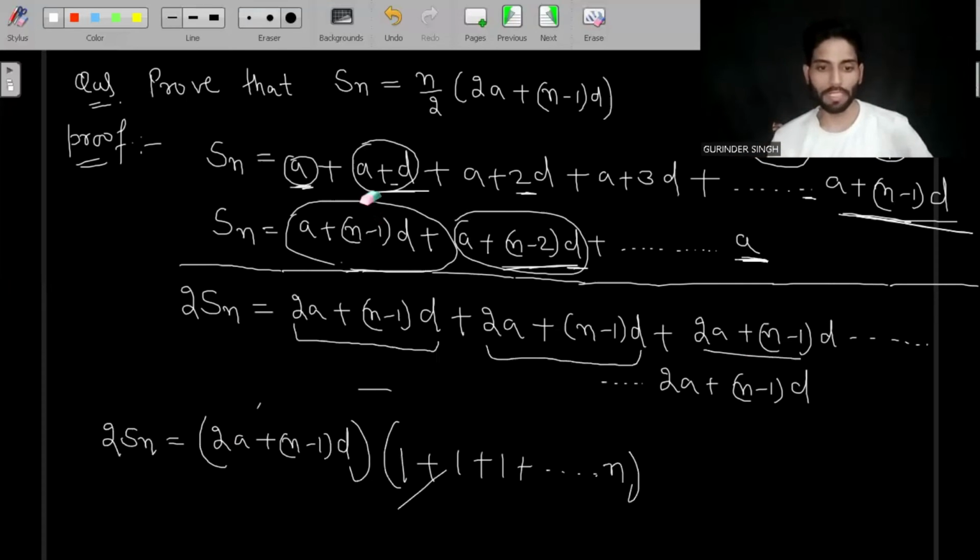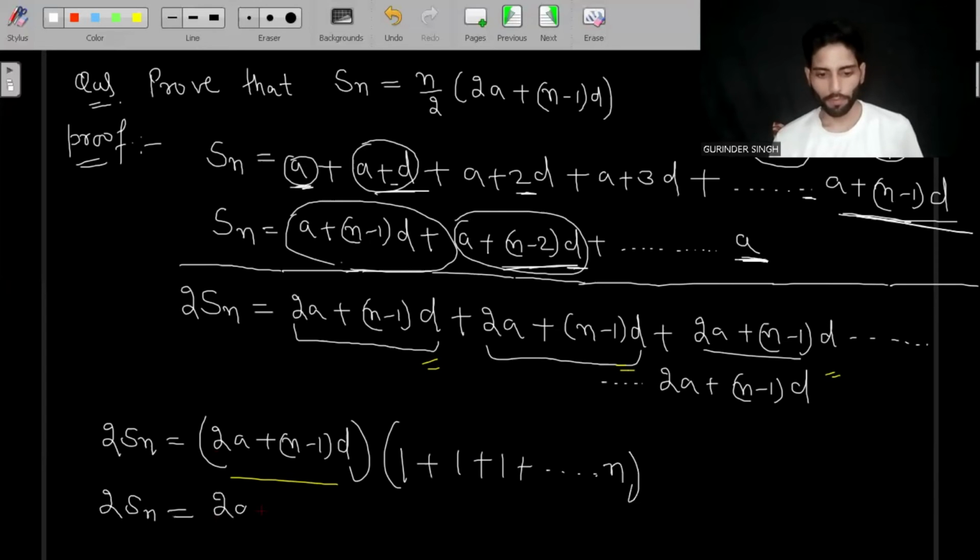If you multiply this inside, you will definitely get these summations. So 2Sn is equal to (2a plus (n minus 1) into d), and you are adding 1 n times.